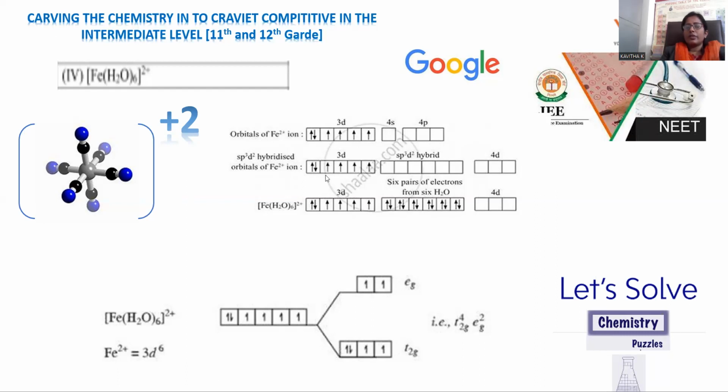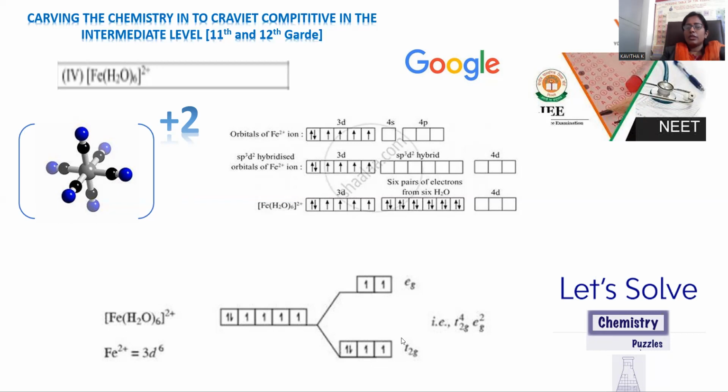So what we are seeing about iron plus 2. In iron plus 2, as you are already aware, 6 electrons are there. So in this octahedral complex, always in case of an octahedral complex, the 5 degenerate d orbitals will split into t2g orbitals at the bottom and eg orbitals at the top. And let me locate all 6 electrons over here.